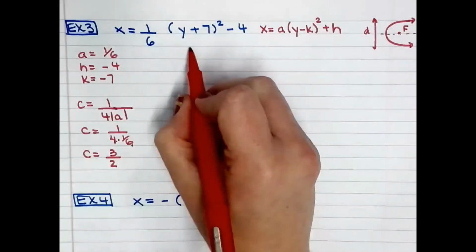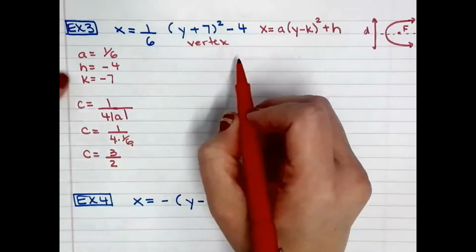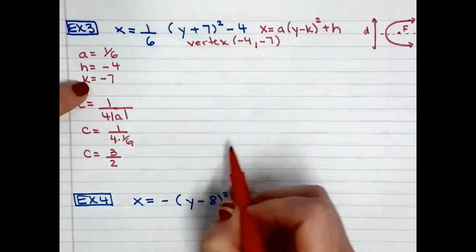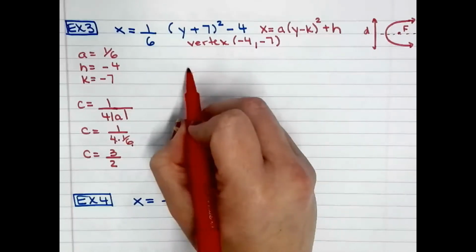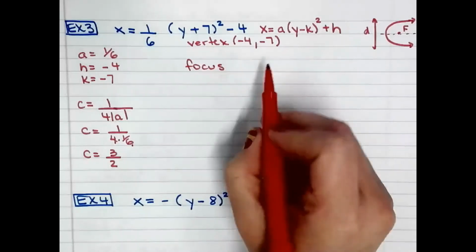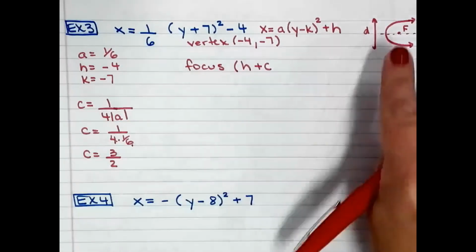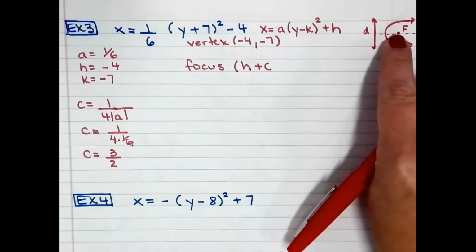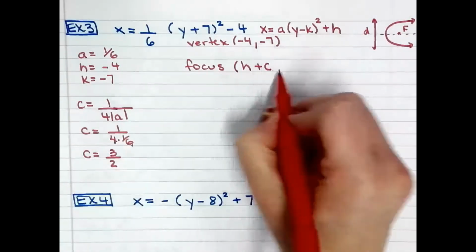So let's find the vertex. Vertex is still H and K. H is -4, K is -7. Now the focus. The focus is H plus C because it's going to the right. If this is the vertex, the focus is inside, so it's going to the right. So you add C. K stays the same.